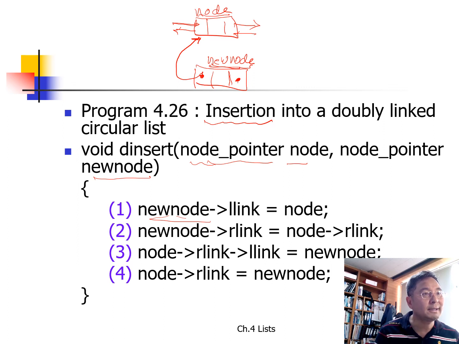And what is the R link of the new node? The R link must be the next node, the node's R link. So this must point to this one. This is the node's R link.